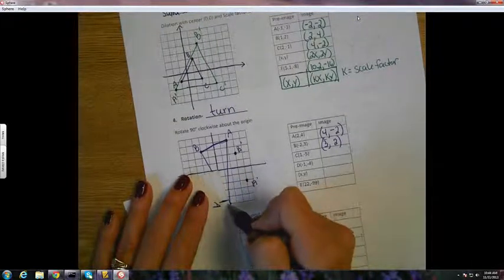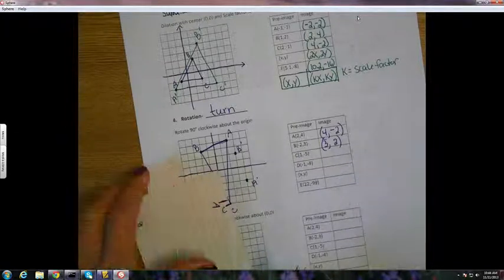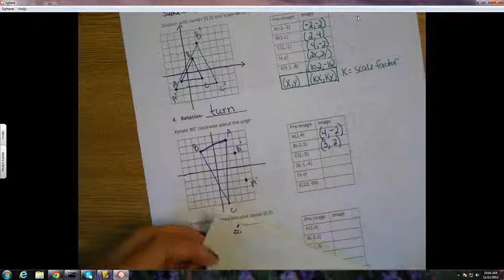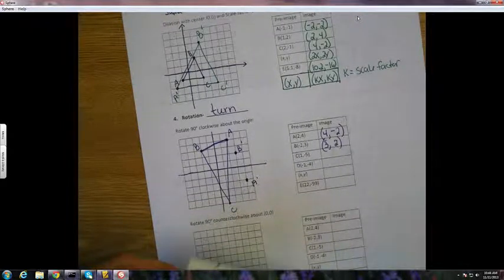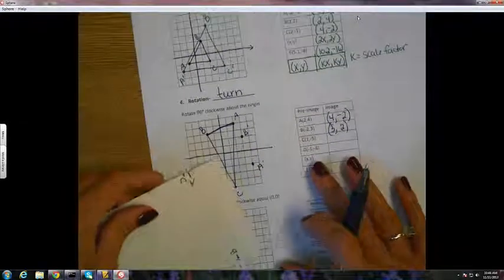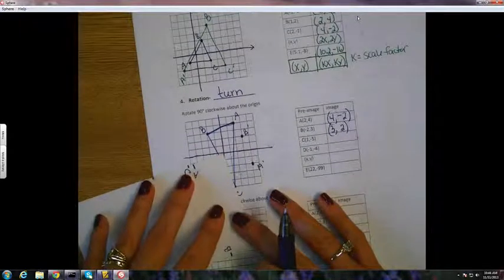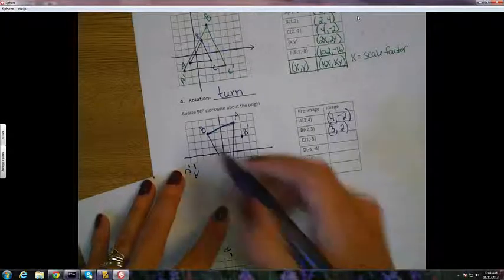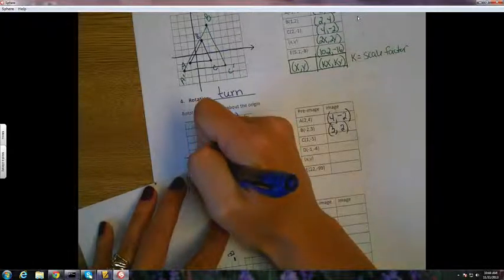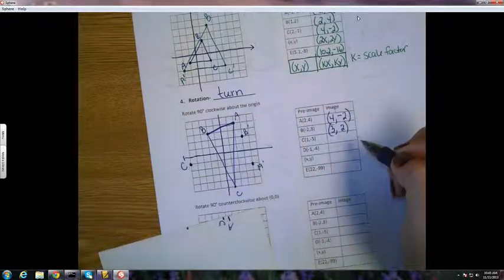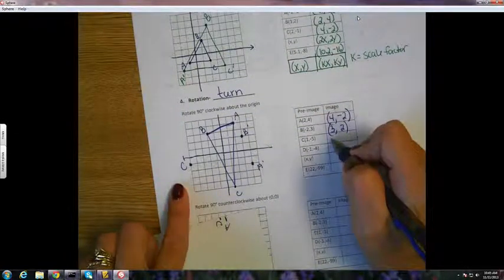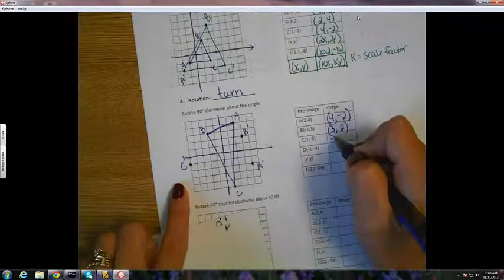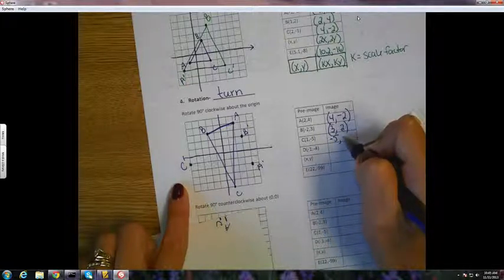So there's C. Mark it on the other side. I get the pattern. You got the pattern? Yeah. Let's see, where did that land? -5, -1.